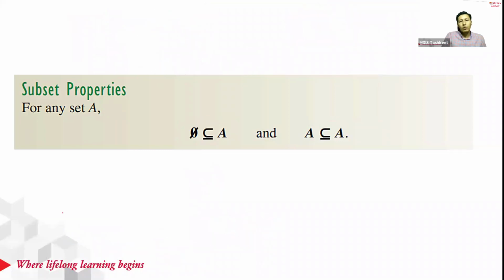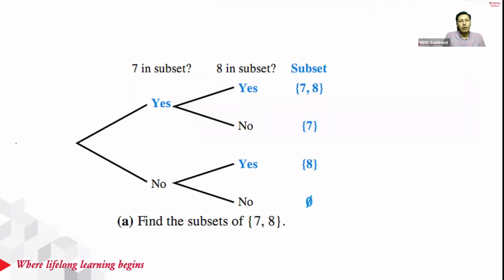Okay, so this one we call the empty set. For any set, we have at least two subsets, the empty set and A itself. So here, for example, we have this set. Find all the subsets.